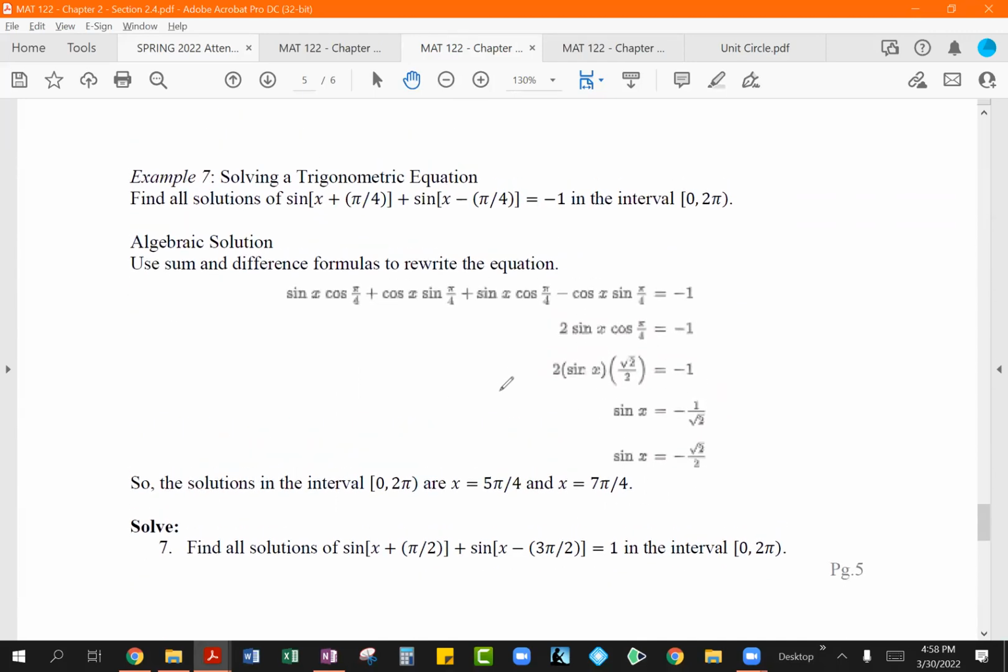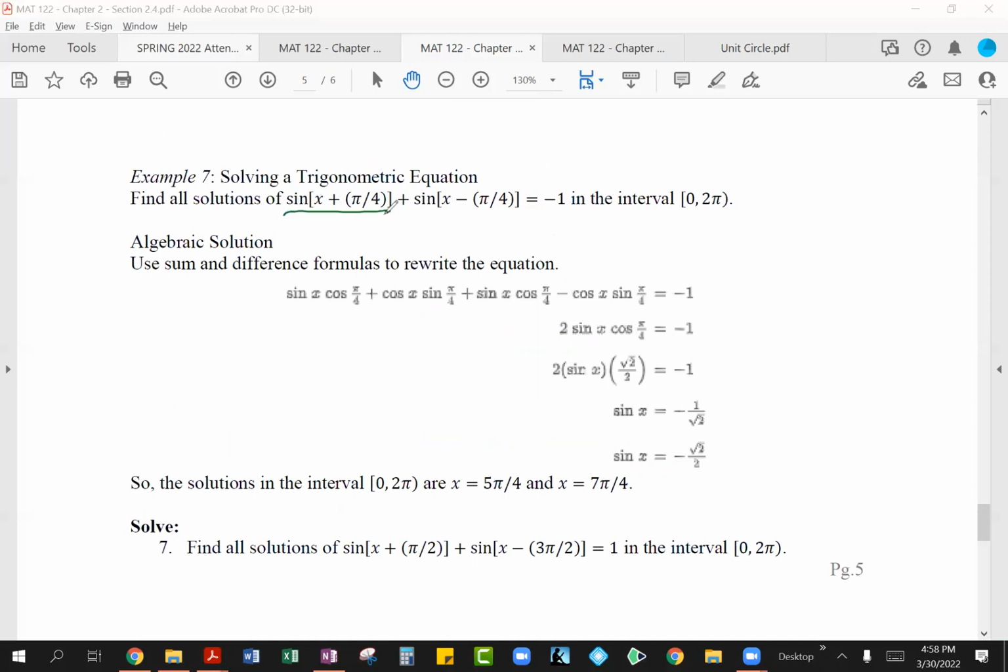This one is very similar to the first example that we had done. The only difference is now, instead of keeping it as sine of one angle, they are doing sine of x plus pi halves and sine of x minus pi halves. So what's going to happen is you're going to use the sine of u plus v formula for that first part and sine of u minus v, because your angles are the same.